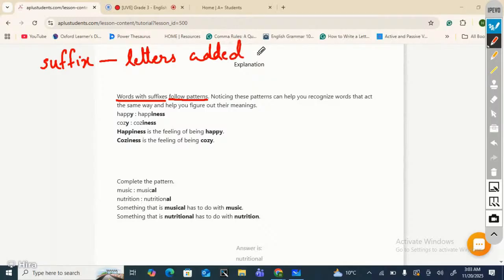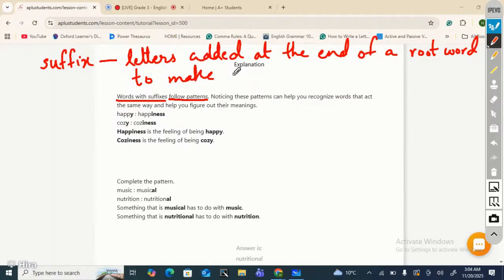Letters added at the end of a root word to make new words. And you know that words with suffixes follow patterns.